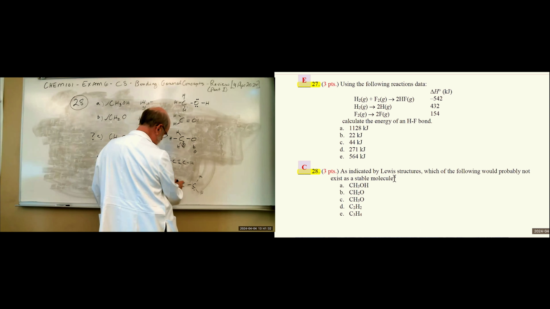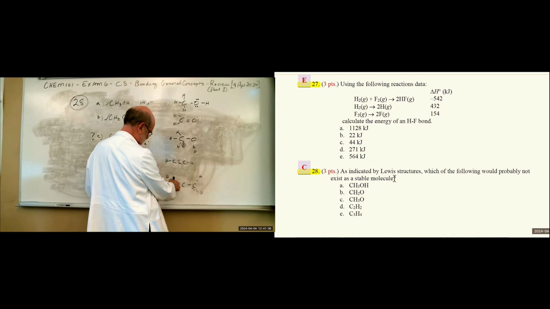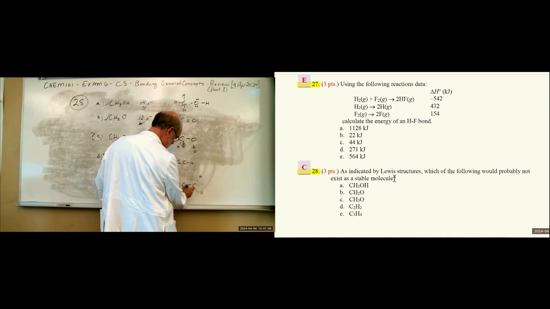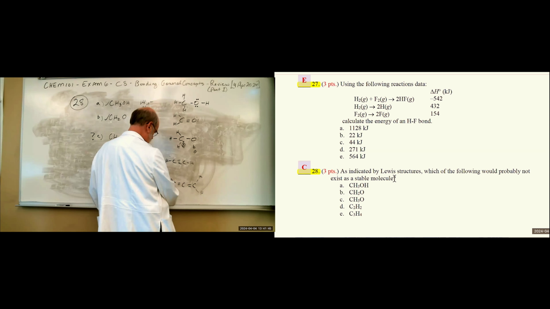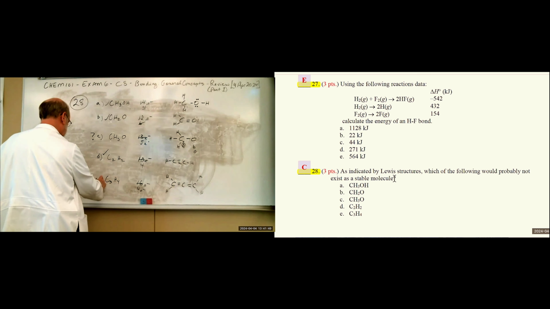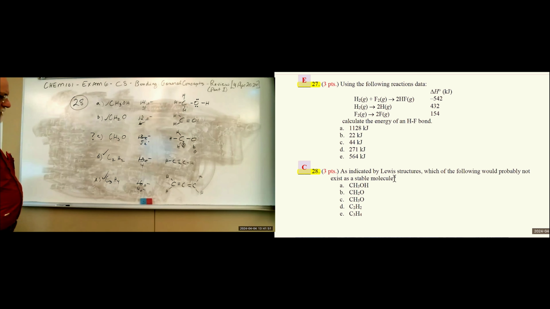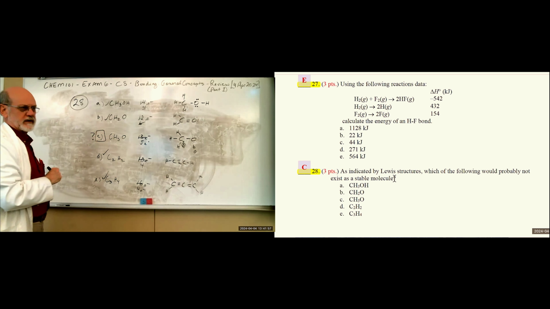So let's move these over here and make an octet. Right. That's good. Now, how about these two over here? 2, 4, 6, 8, 2, 4, 6, 8, 2, 4, 6, 8. That's good. Yeah, that one works. So this is the most likely one. That's the problem child right there.